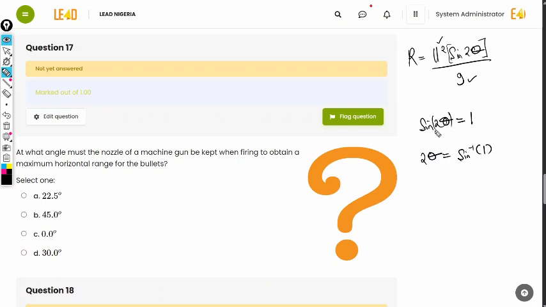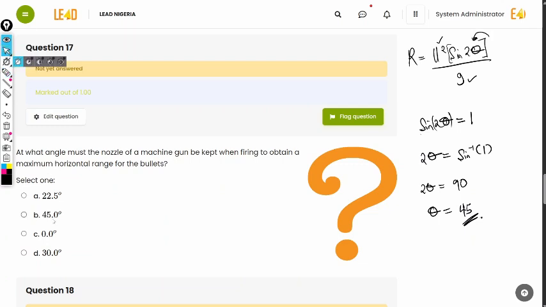So 2 theta will be sine inverse of 1, which is 90. If I divide both sides by 2, theta is going to be 45. So it's when theta is 45 that I get the maximum value that can come out of this, which is 1, because sine 90 is 1. So the correct answer is option B.